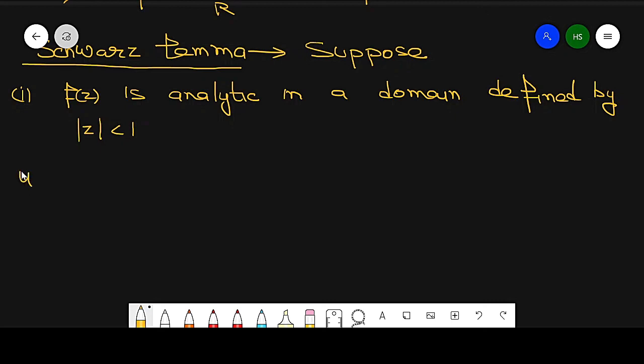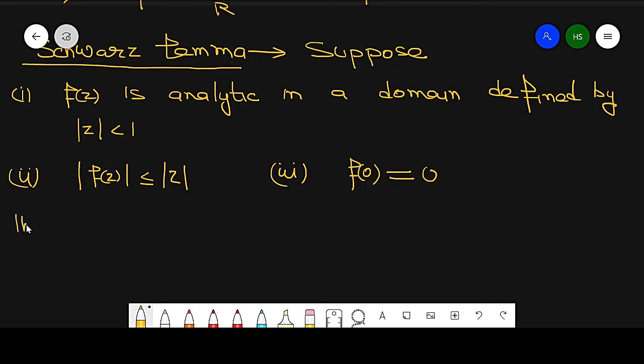Number 2, so what is the second part? Modulus of f z is less than equal to modulus of z. And third part, f of 0 is equal to 0.